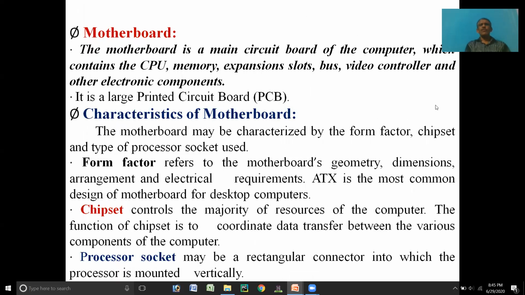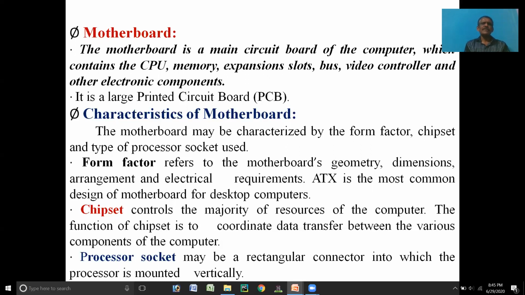Then we move on to the next part called motherboard. The definition of motherboard is important for a 1 mark question. Define motherboard, or what is a motherboard? This question has appeared in the annual exams.